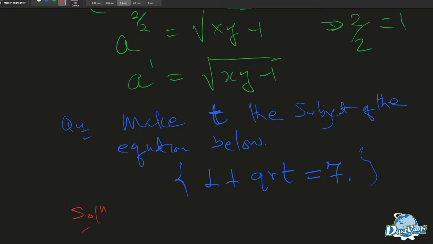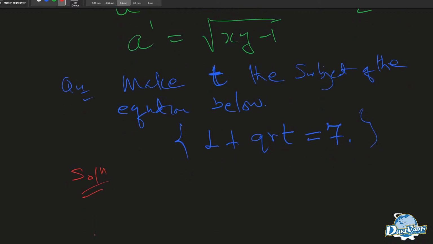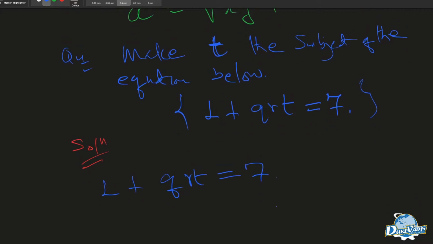So our solution will be, we have been given that L plus QRT is equal to 7. First and foremost, we must be able to interpret this equation. It means this L is adding to Q, and Q is multiplying R and multiplying T, and the answer is 7.